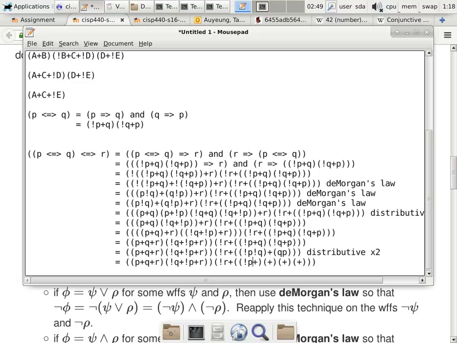So the first one combines the first component of the first conjunction with the first component of the second conjunction. First component of the first one, second component of the second one. And then the second component of the first one with the first component of the second one, and the second component of the first, second component of the second.